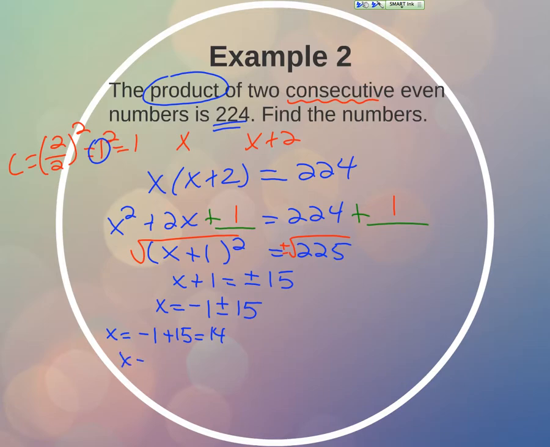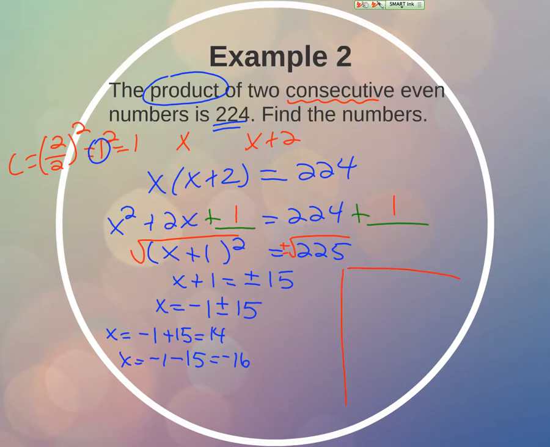But if I have negative 1 minus 15, that's going to give me negative 16. So my two options for x are either 14 or negative 16. I am going to have to go back and plug it in to find the two pairs of numbers that go together. Did anyone try to solve it with a different method they felt more comfortable with? What'd you guys do? Okay, so it works out.